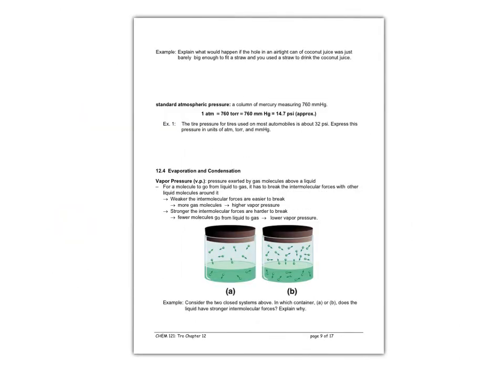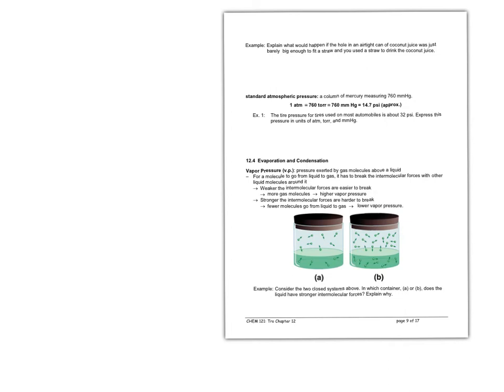Okay, so here, explain what occurred. Coconut juice was just barely big enough to fit inside a straw, and you used a straw to drink the coconut juice. All right, hold on a sec. I'm going to ask you to go ahead and skip these two problems here. Although I like the idea of this whole condensation and evaporation discussion, I'd like you to skip these for right now.